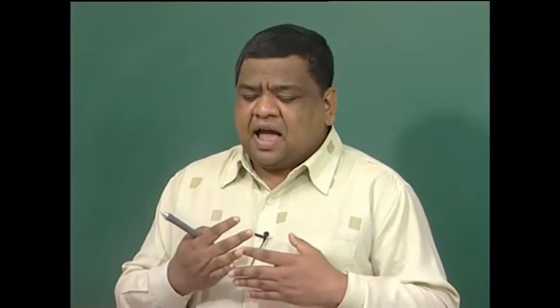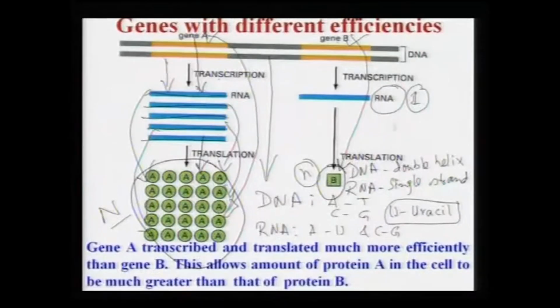So, expression in biological terminology means that a particular molecule can be measured at a certain concentration. Suppose I say that gene A has higher expression, that means gene A can be measured at a much higher concentration by a certain analytical equipment.